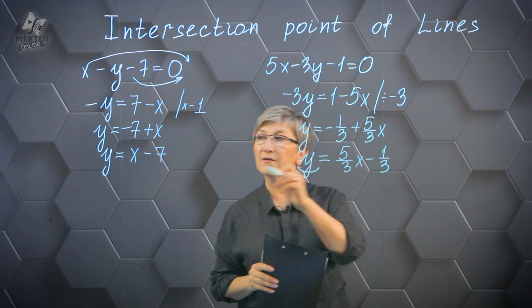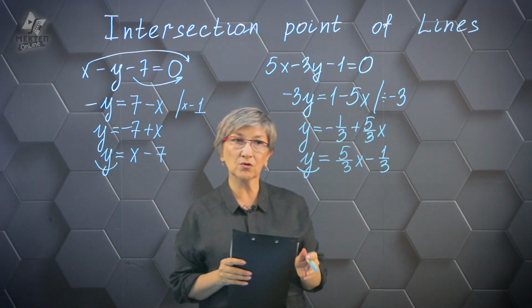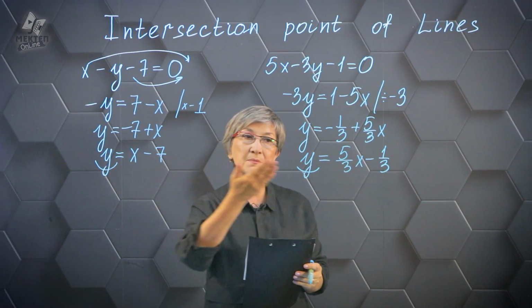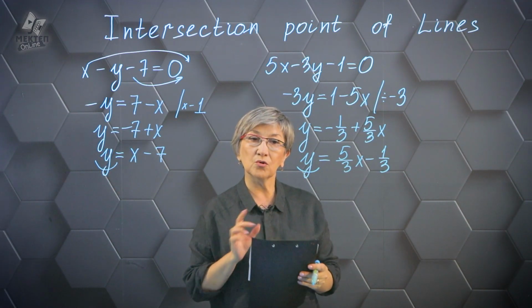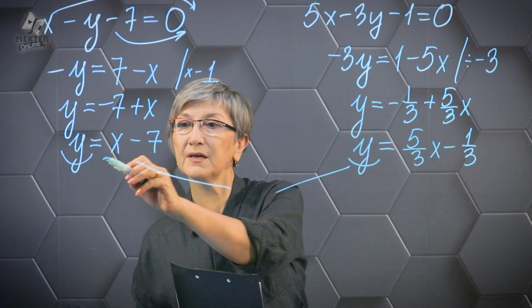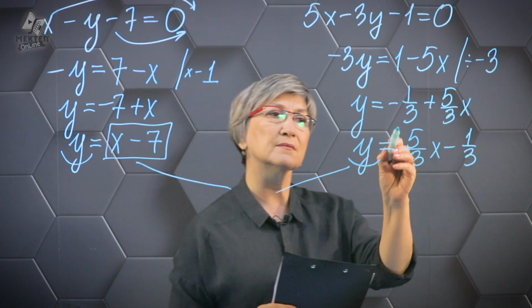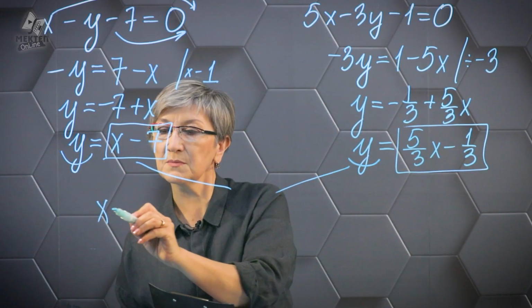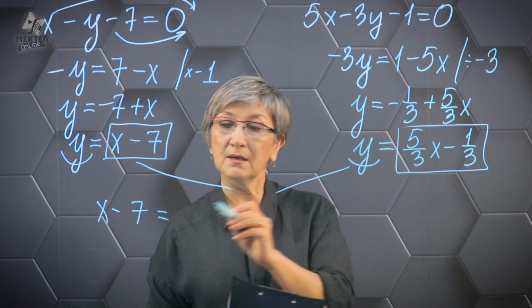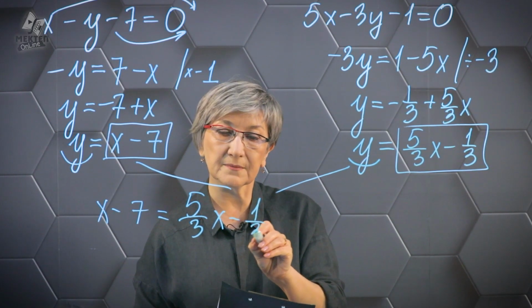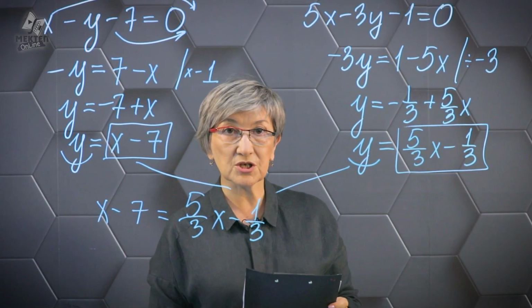If the variable y is written on the left side of both equations, and these variables are equal to each other, then we set the right sides equal. Thus we will obtain x minus 7 is equal to 5/3 x minus 1/3. And we can solve this equation.